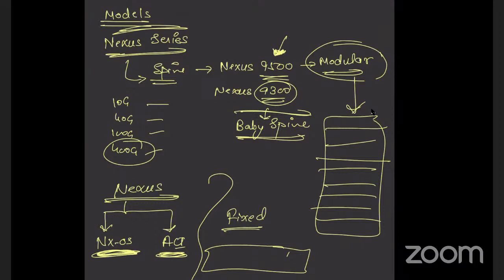But at one time they can run in only one mode. Can anyone tell me why this is the case? If they are a specialized series only for ACI, why do they run in NXOS mode? Why did Cisco give that functionality? Any guess?